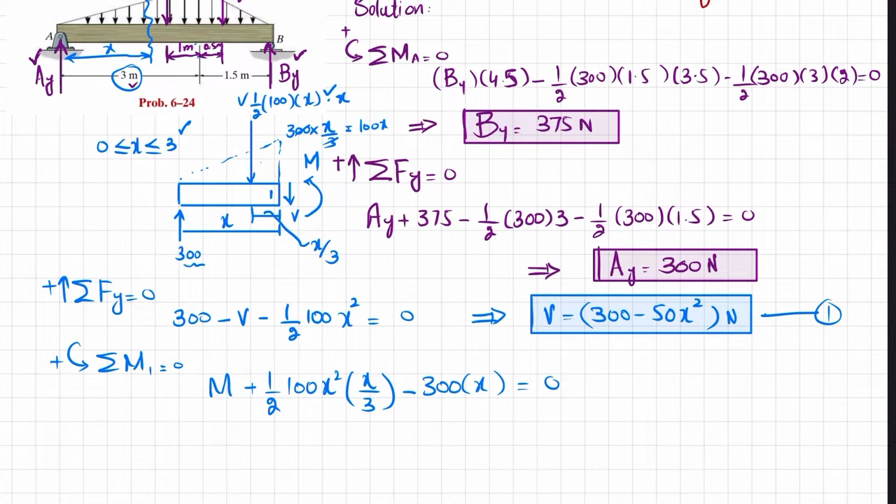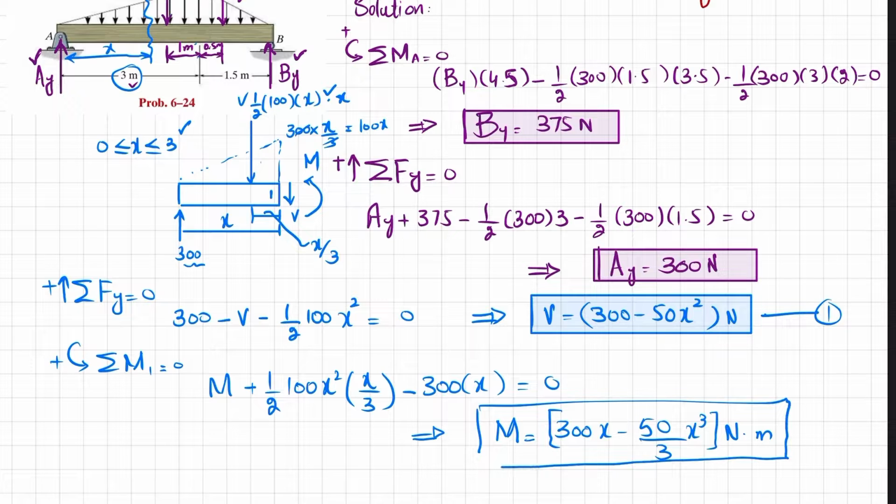Their sum must be equal to 0. Simplifying, you get moment equal to 300x minus 50 divided by 3 x cube, and the unit is Newton meter. This is the moment equation for x greater than 0 and less than or equal to 3.